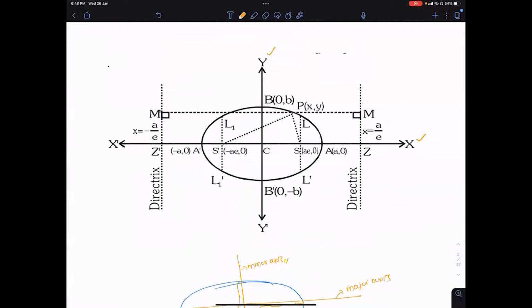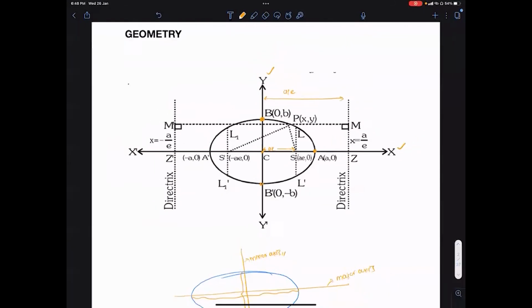The points you need to remember: how far is the focus from the center of the ellipse? It is at a distance of AE units. How far is the directrix from the center? A by E. How far are the ends of the major axis? A. Ends of the minor axis? B, small b. You have to remember those things.